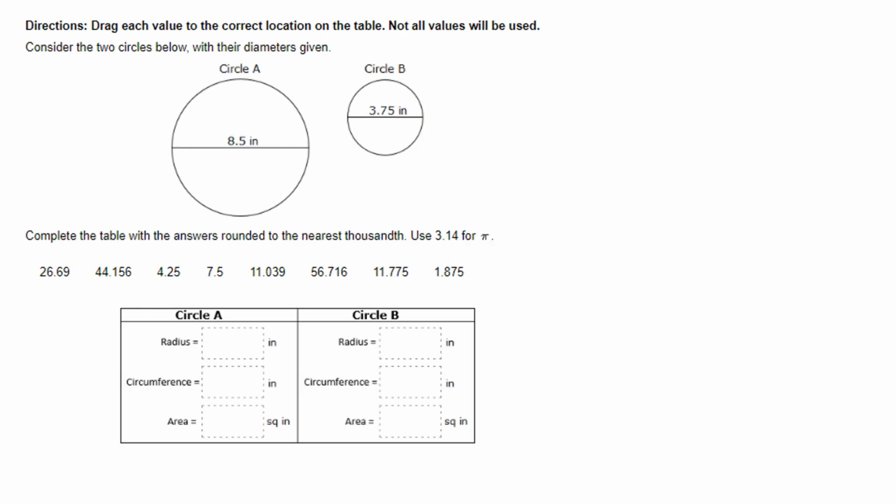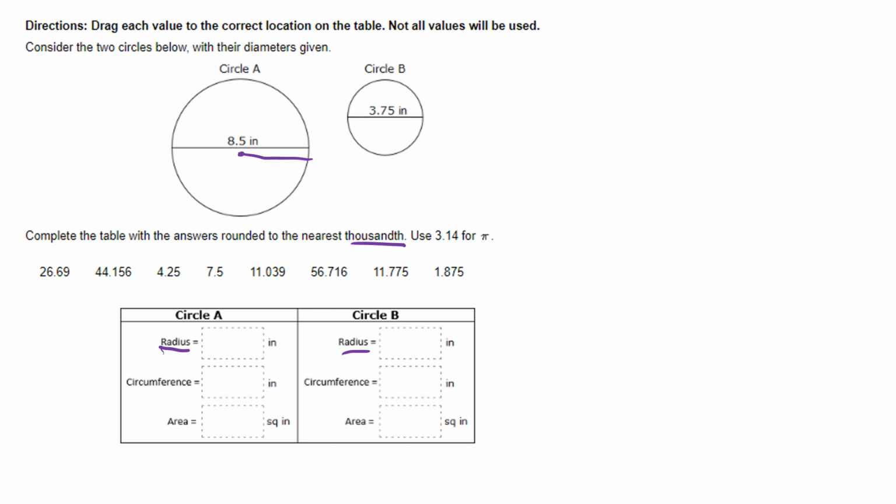Consider the two circles below with their diameters given. Complete the table with the answers rounded to the nearest thousandths and use 3.14 for pi. So the first thing it's asking us to look for is the radius. So if we see the diameter, remember that goes all the way across. A radius just goes halfway.